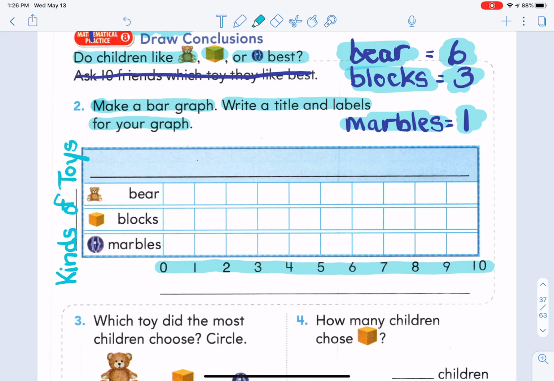So grab your pencil, and we're going to write the number of children. The word children is up in the directions, but I will spell it for you.